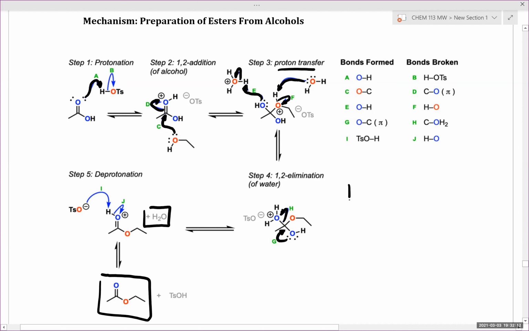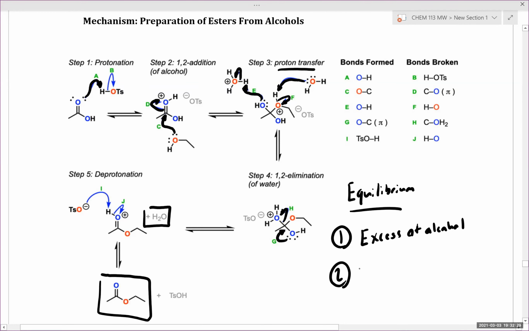One thing I'd like you to note is this is an equilibrium process, and this is driven to completion using two main tricks. First, we use an excess of the alcohol, and two, we remove the water via drying or Dean-Stark conditions.